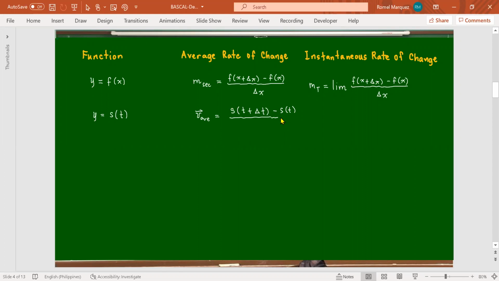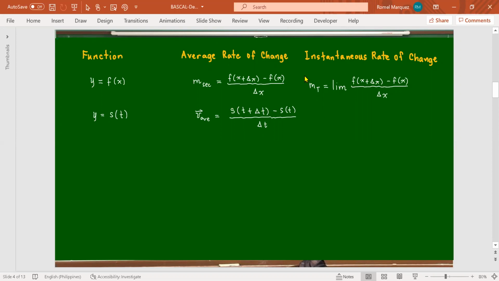Meaning, change in time, no? So how to get the average velocity? All you have to do is to get the difference between the final distance and initial distance, divide that difference with the difference between final time and initial time, no? The corresponding final time and initial time.